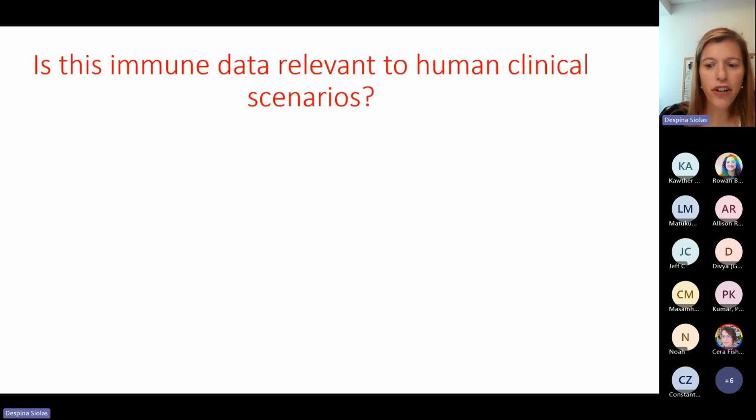But is there immune data? This is a really cool mouse model, but is there immune data relevant to human clinical scenarios? And this is actually really tough, because we have this cool, interesting model, but we need specimens from untreated patients, because this model doesn't involve any kind of cancer treatment.